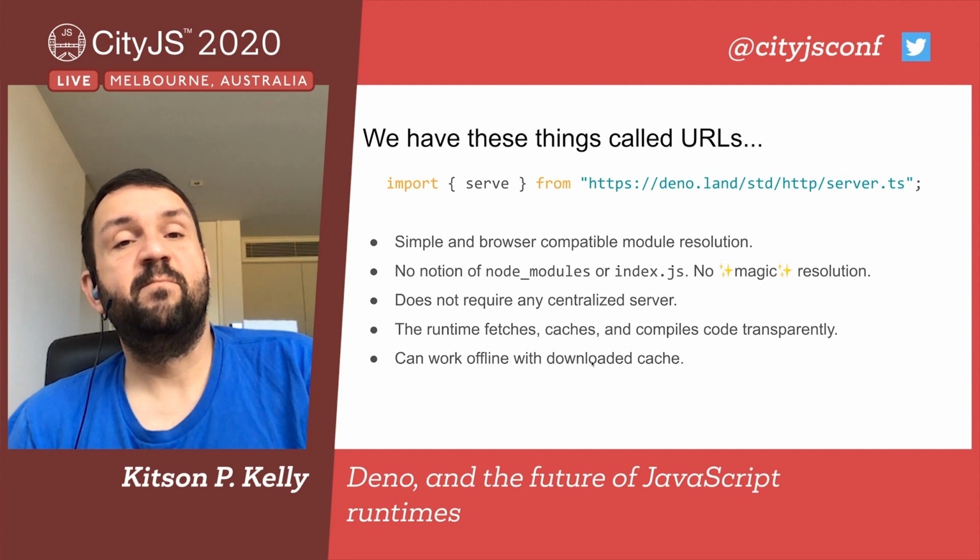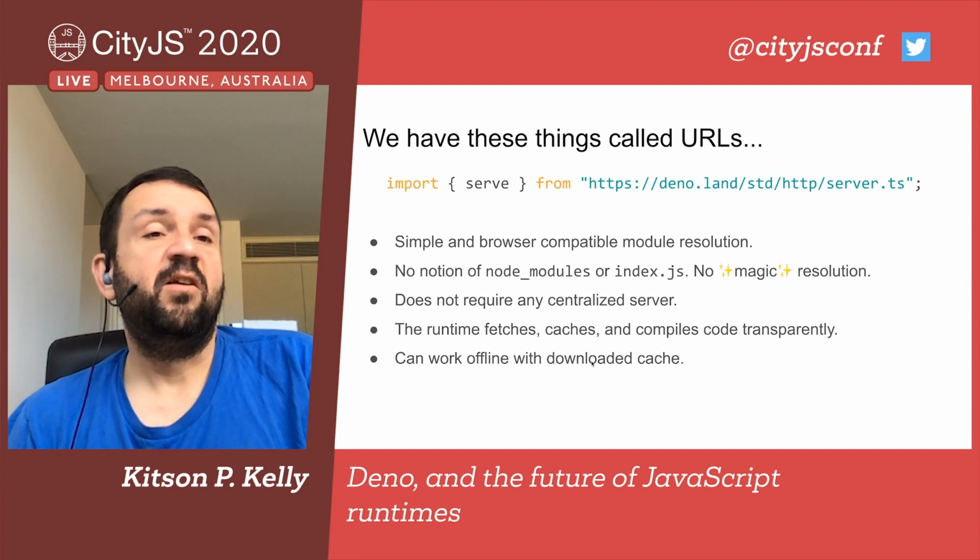Now that means that you, as the implementer of a web server of modules for Deno, can do whatever sort of magical resolution that you want to. But the Deno runtime requests a URL and handles whatever comes back with that URL. And so it doesn't require any centralized server.